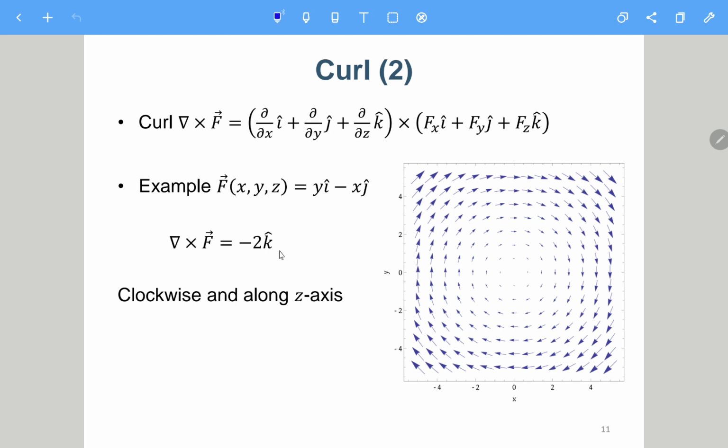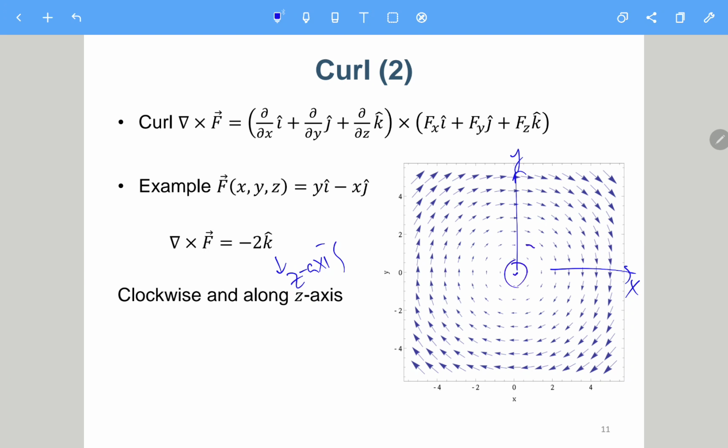What does it mean? So in this figure, this is the x-axis, this is the y-axis. So k is z. This is the -z axis. So according to the right-hand rule, x, y, z should follow the right-hand rule, which means that x cross y should be pointing to the z direction.